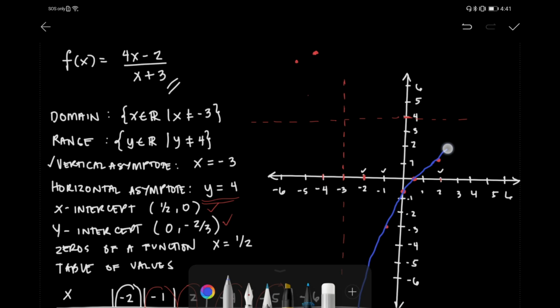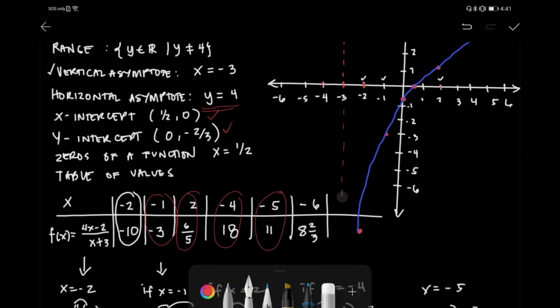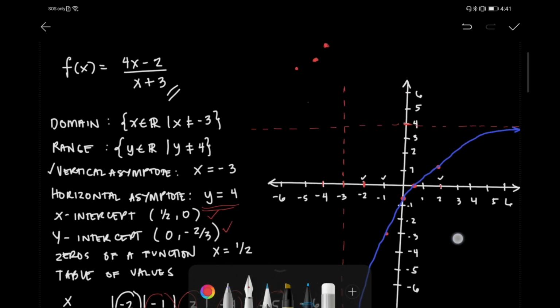Okay? Palapit ng palapit sa ating asymptote, but they will not touch each other. Kasi asymptotes nga. So, kahit gaano sila ka-close, hindi sila magtatagpo or hindi sila mag-i-intersect. Ganon din dito. So, ito yung behavior ng graph natin.